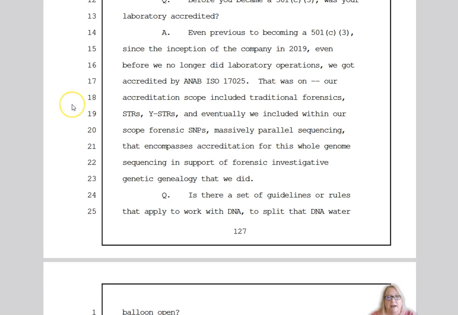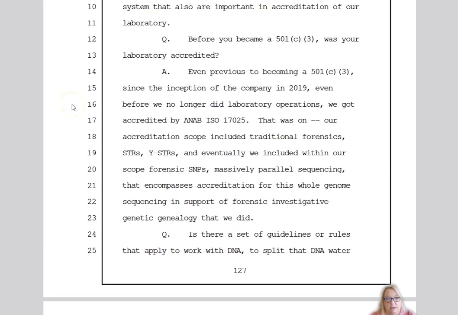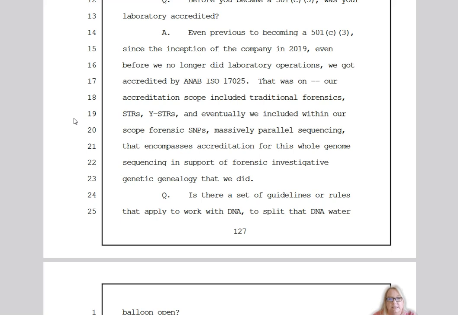So, before you became a 501c3, was your laboratory accredited? He says, even prior to becoming a 501c3, since the inception of the company, even before we no longer did lab operations, we got accredited by ANAB ISO 17025. They've got these types of accreditations.